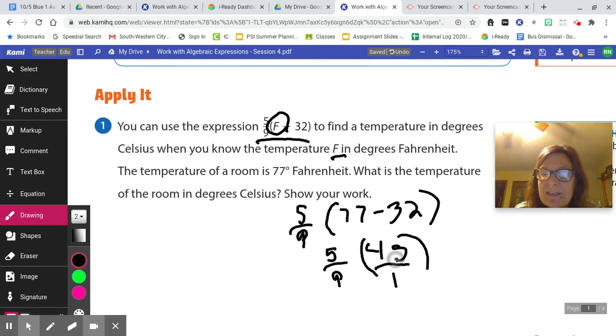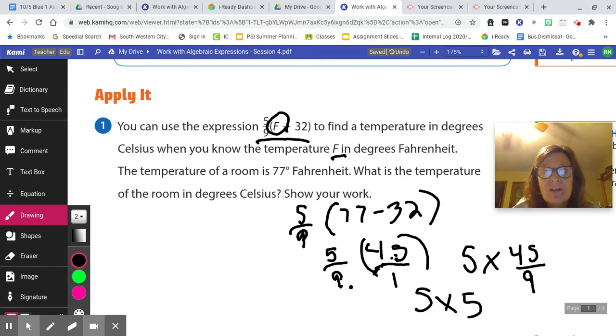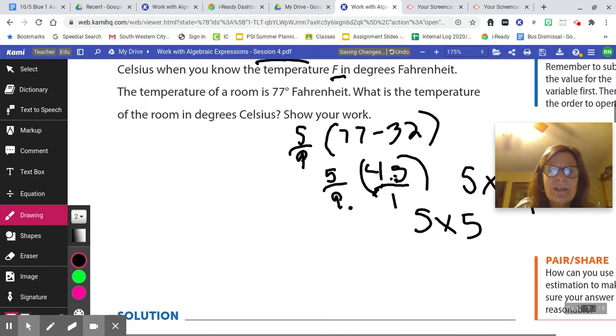So this would be the same as dividing 45 by 9. Or if you think about if I divided this 45 into 9 pieces, how much is each one of them? So this is the same as 5 times 45 over 9, which is the same as 5 times 5. Your answer for this should have been 25 degrees Celsius.